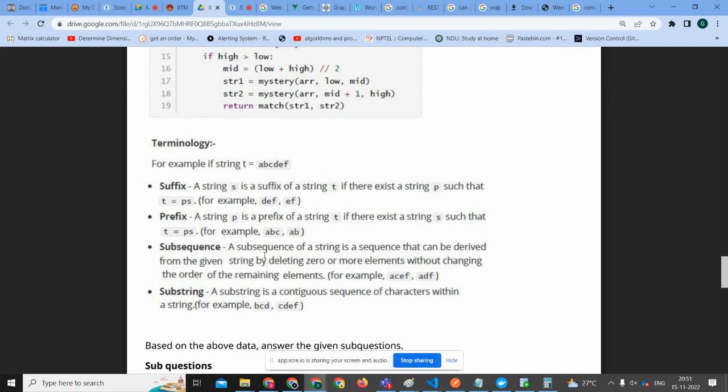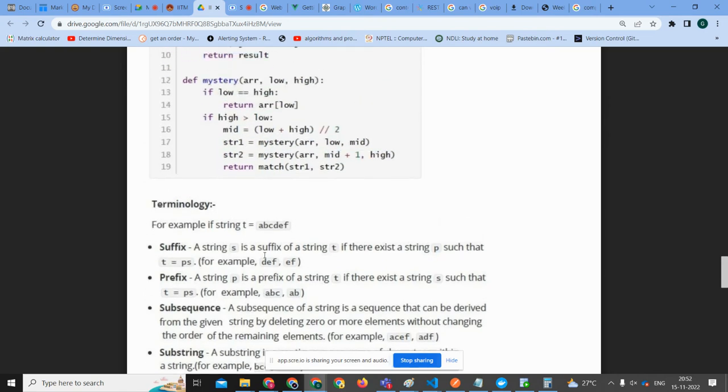It can start at the beginning also and still be a substring. Both prefix and suffix are substrings, special cases of substring. For a prefix, there is the condition that it should be at the beginning, whereas a suffix should be at the end. Is that reasoning correct? I think it is.